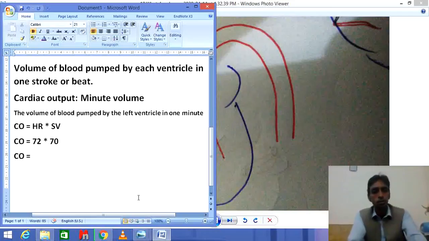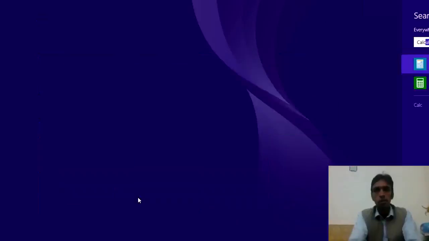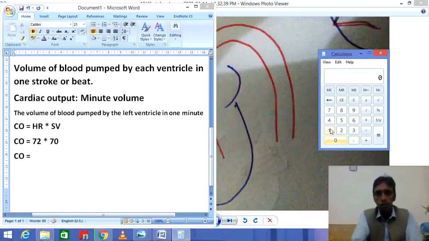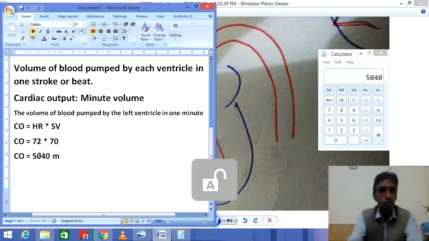So the cardiac output will be 70 into 72. With the calculator, 70 into 72 is equal to 5040. This is represented in ml.